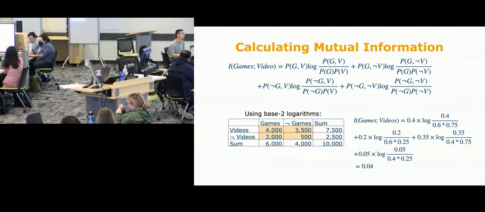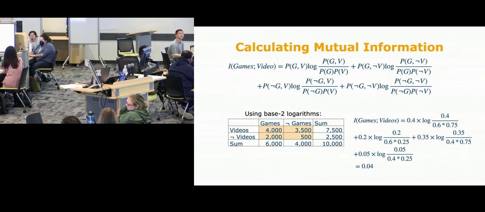For the second term, it's the probability of games and not videos. Let's go to that cell in this 2x2 contingency table. Games and not videos is this number, 2,000, right? So 2,000 divided by 10,000 is 0.2, and that's also what we have in the numerator.